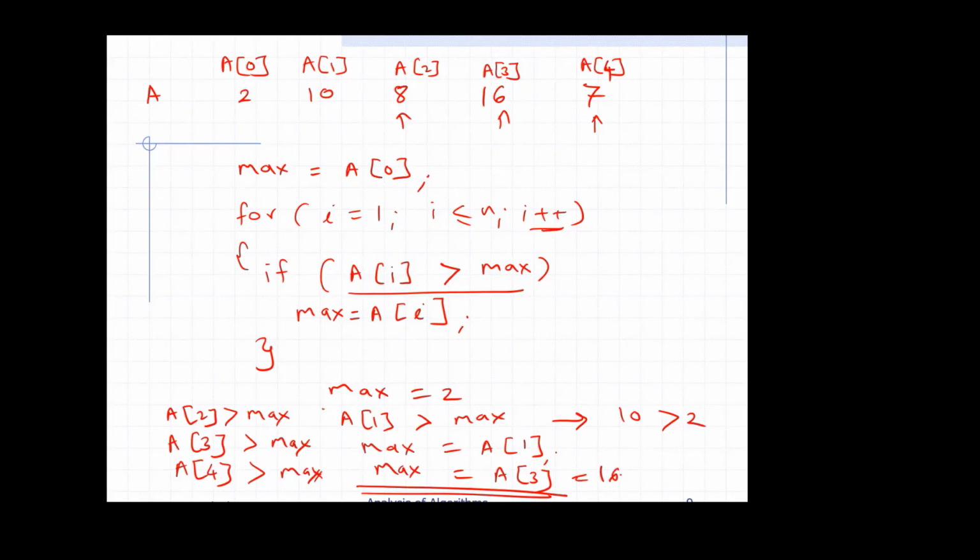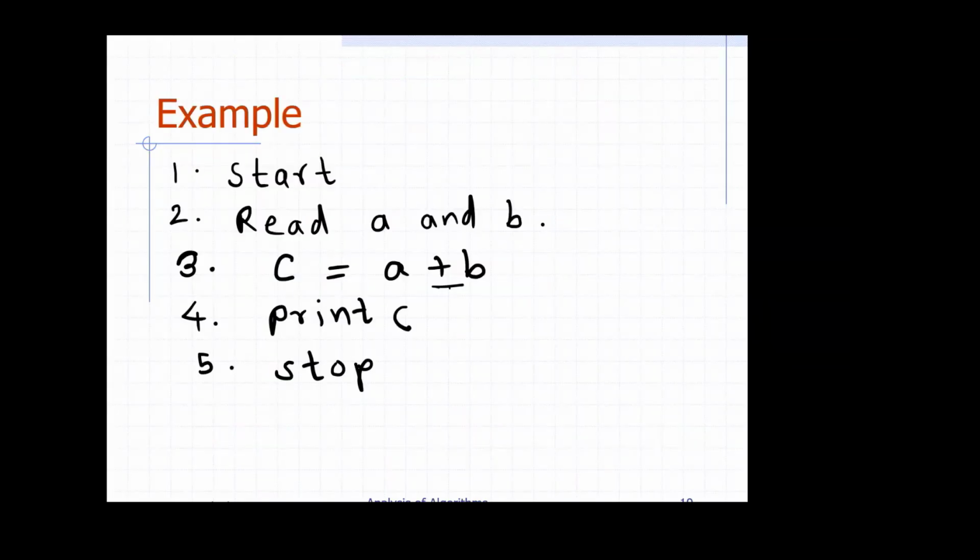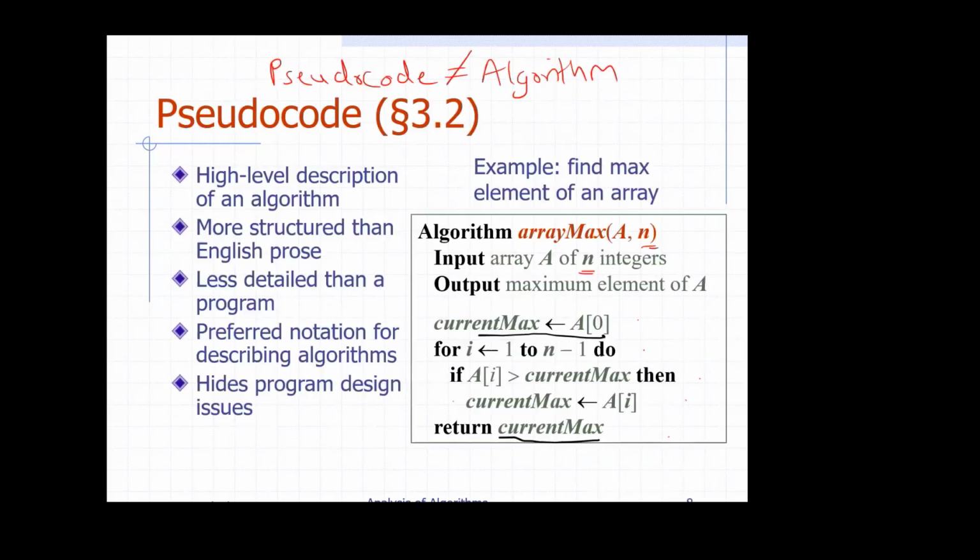So if we have to perform this kind of algorithm, how many operations will be needed? In terms of calculating the number of operations, here they have done it a little differently. So if you have such an algorithm, the same algorithm, you will see that the input is array A of n integers, output is maximum.